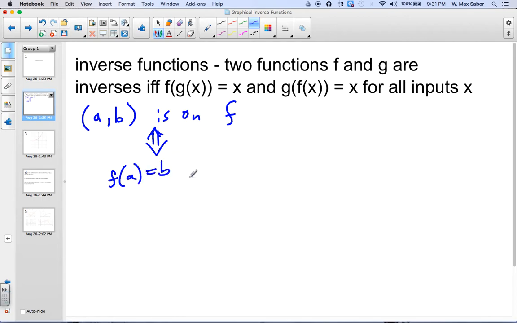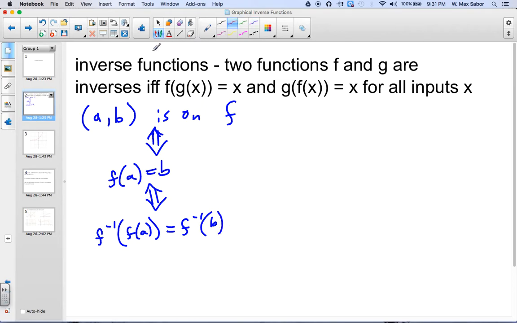That's always true. And we also would say that if f of a equals b, based on this, we could take the inverse function of both sides and get out this statement.